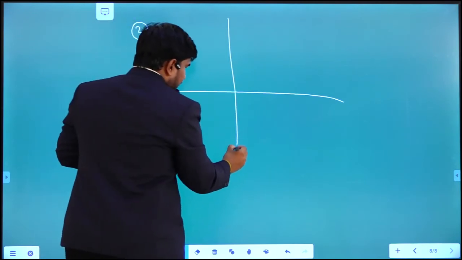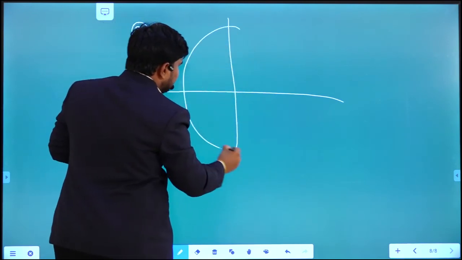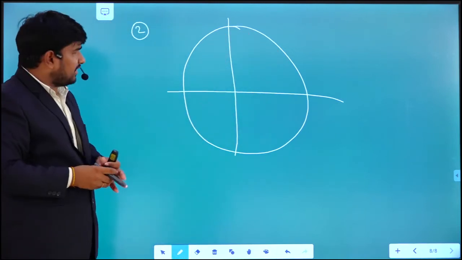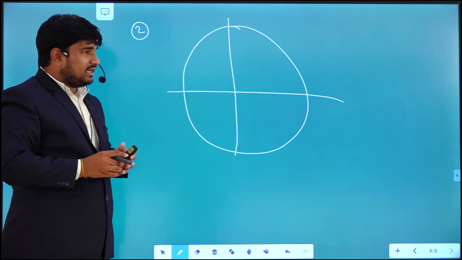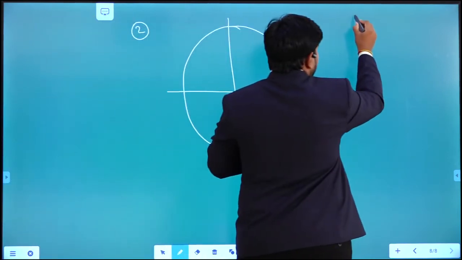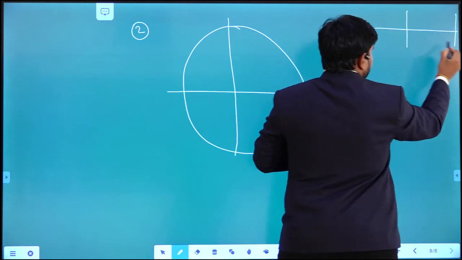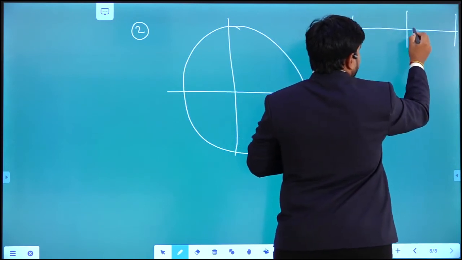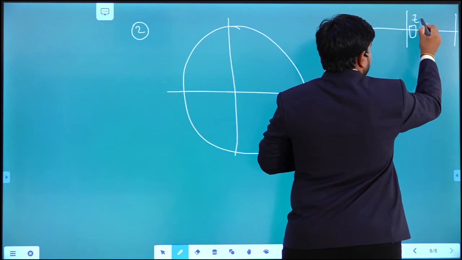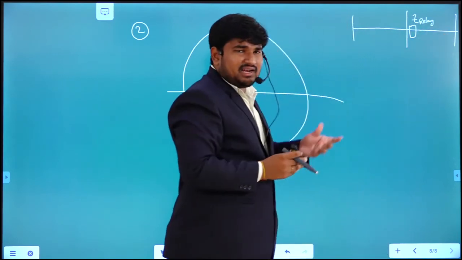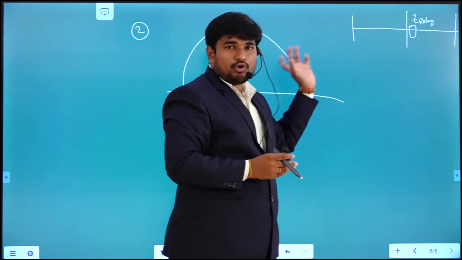So in 4 quadrants, that is whether positive reactance or positive resistance or negative reactance or negative resistance. That means in case of a transmission line, if my impedance relay is here, it can observe the fault in both directions.